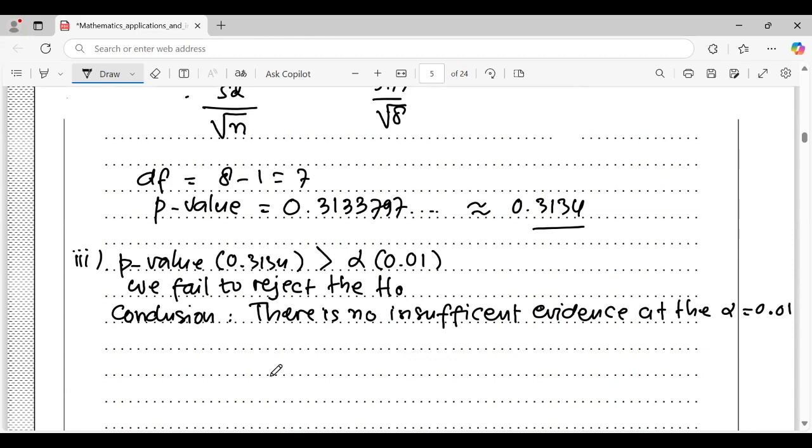Sorry, 10%, it means not 0.01, 0.1. 10% is 0.1. Yeah, 10%. Alpha 10%.